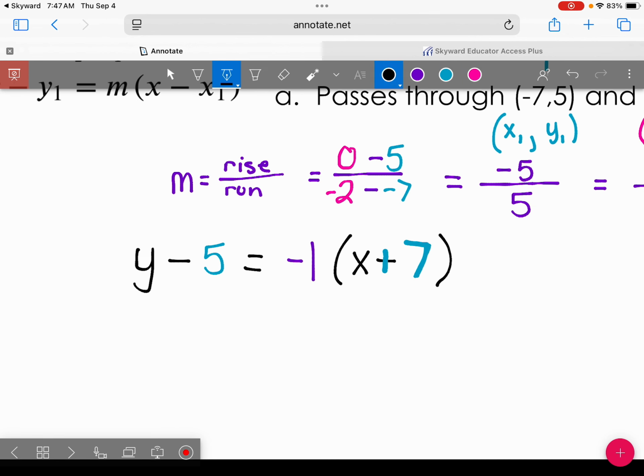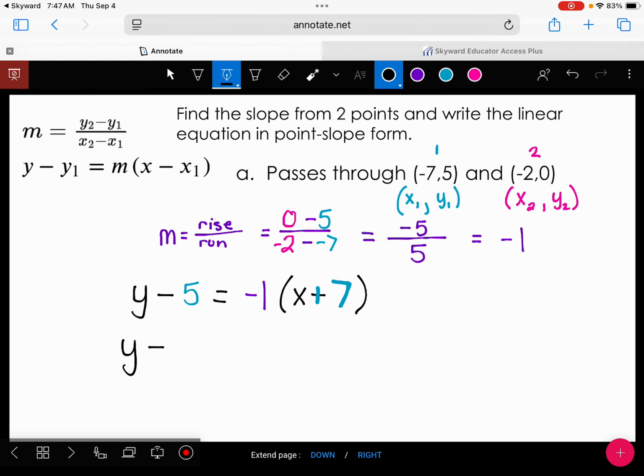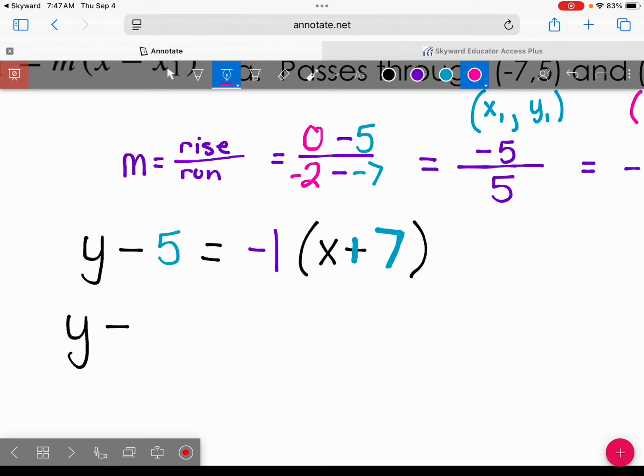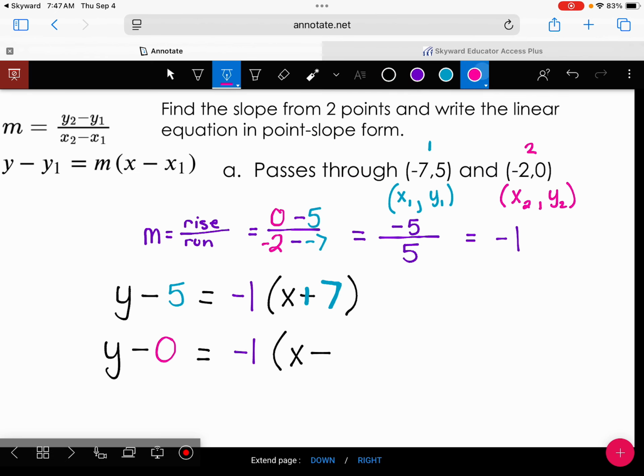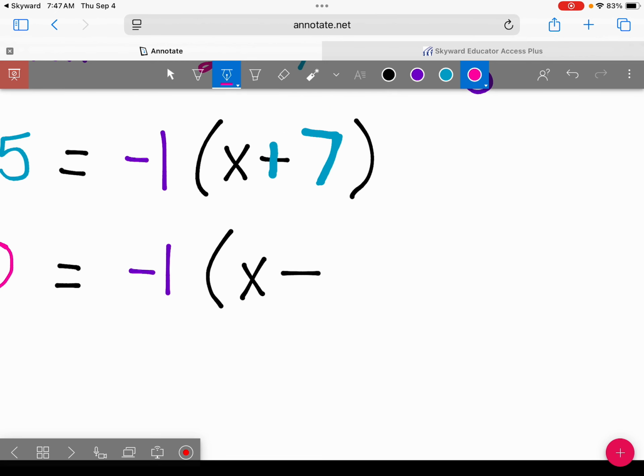I'm also going to write it with the other point just so we can see that one as well. Our y minus the y from y2, that is 0, equals our -1 times our x minus x2, which is negative 2. So minus negative 2 becomes plus 2.